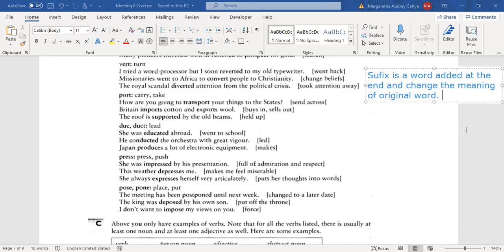But suffix is more than prefix. Jadinya kalau kita bicara suffix, it is a little bit different from prefix, right?